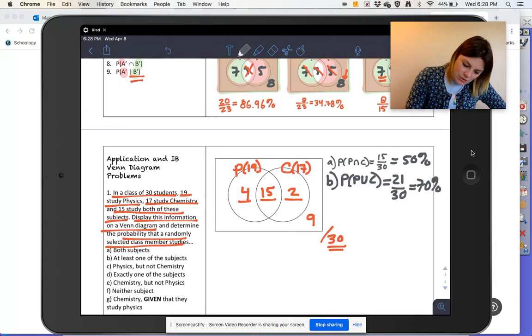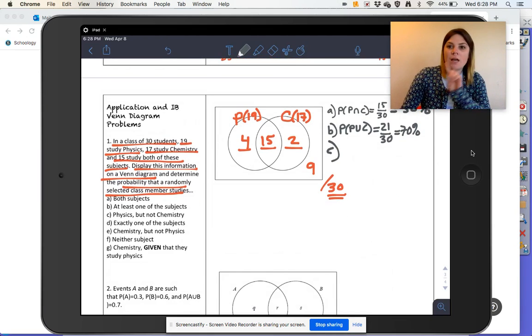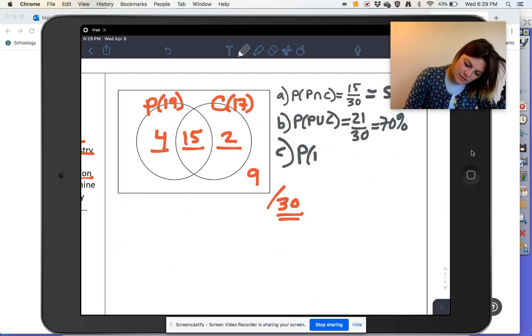All right, so let's do letter C. Physics, but not chemistry. So only physics, not chemistry. Okay, so don't worry if you weren't able to come up with the notation for this one, but it's saying that it has to be in physics, and then it has to intersect with not chemistry, right?